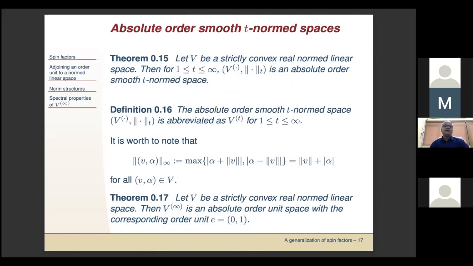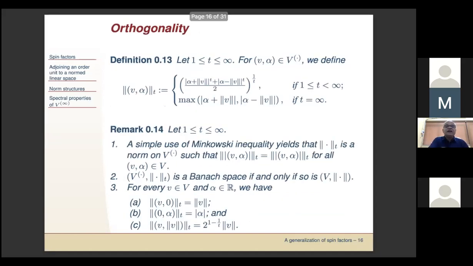Needless to say that the proof runs in many steps with many tricks, because you have to isolate sometimes T equal to 1, sometimes T infinity, and the third case would be T between 1 and infinity, and then you have to separate many identities. But anyway, at the end we get that this becomes an absolute order smooth T norm space, and that is why this norm is needed. And one may wonder what this alpha plus norm V and alpha minus norm V is doing here. I think very soon I will be telling you what these two quantities related to V alpha are.